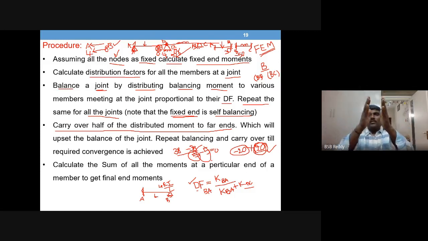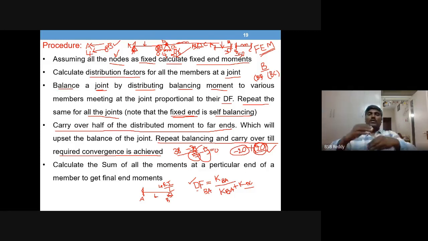The carryover moment will be carried from B to C and C to B, so they will unbalance the joints. So how many repetitions do you have to do to balance such joints? Repeat balancing and carryover till the required convergence is achieved.